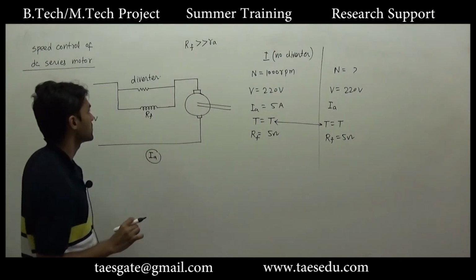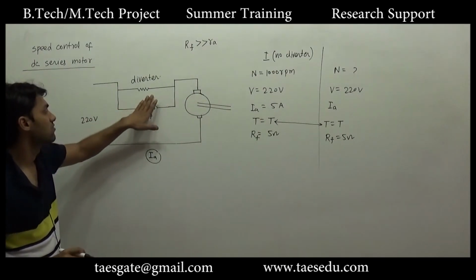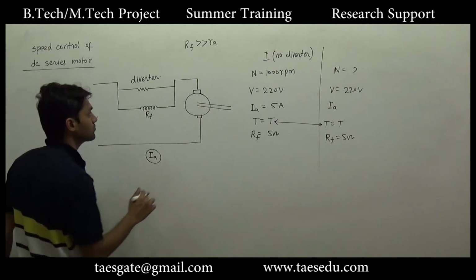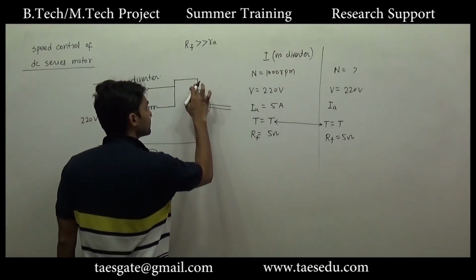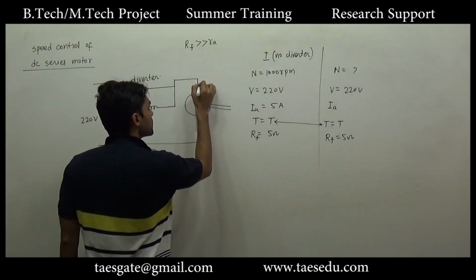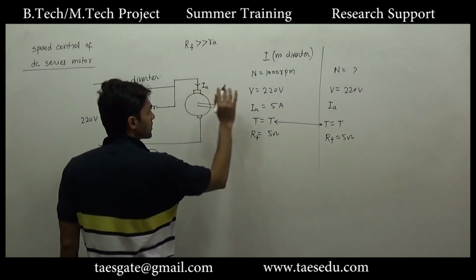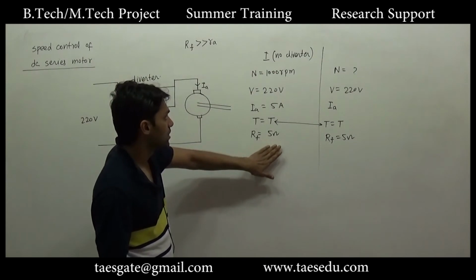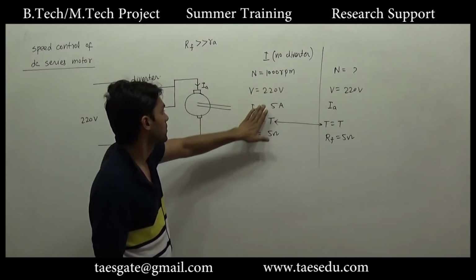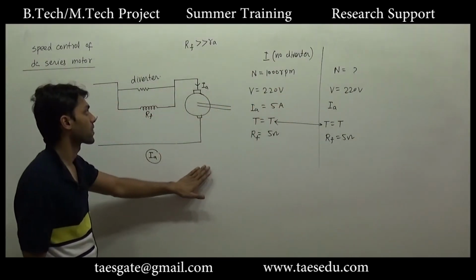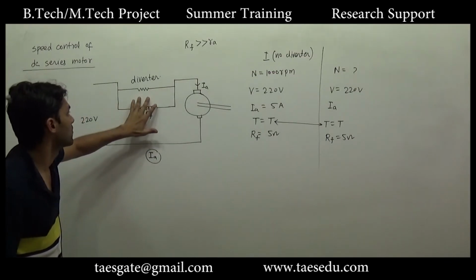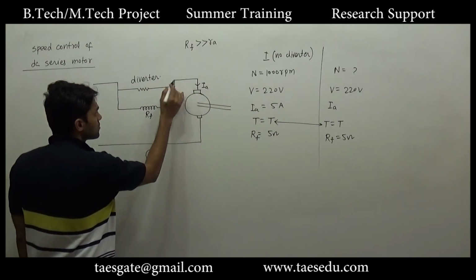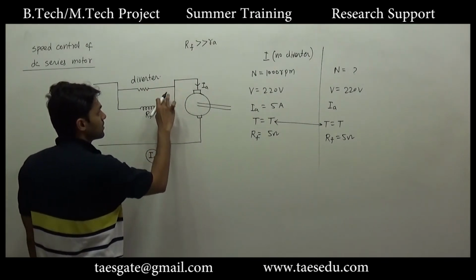But in the previous case, we didn't have a diverter. What this diverter is doing here: for a certain load, to run that load at a certain speed, the armature needs some current. But if you connect a diverter here, these two connections are in parallel.